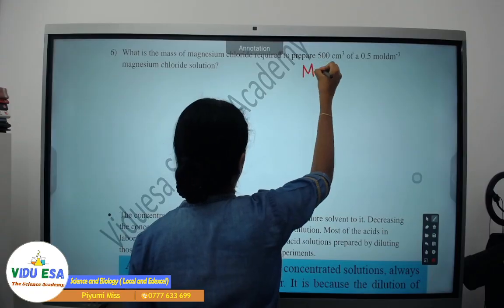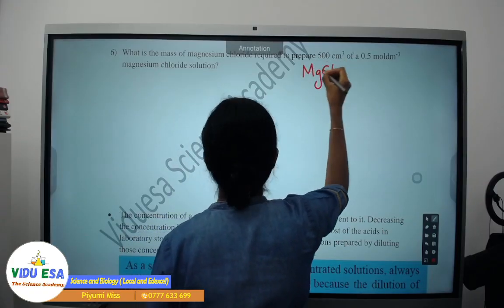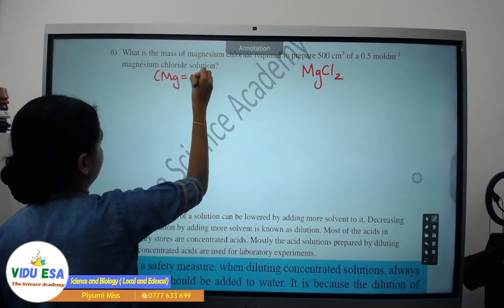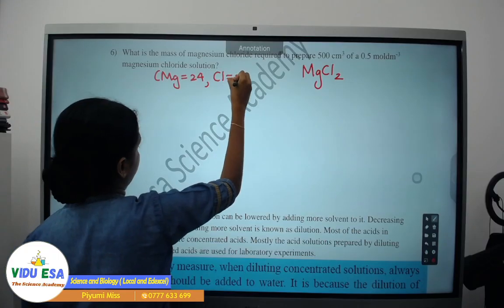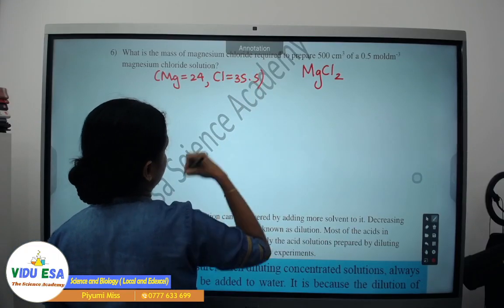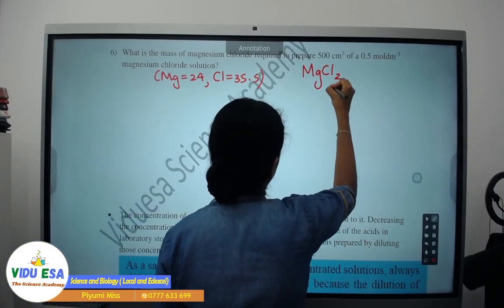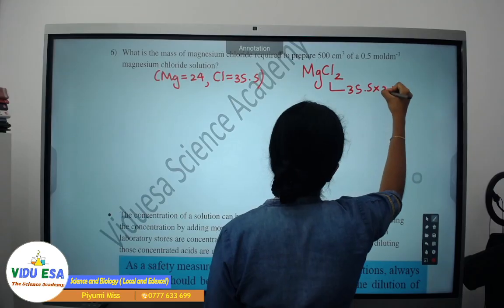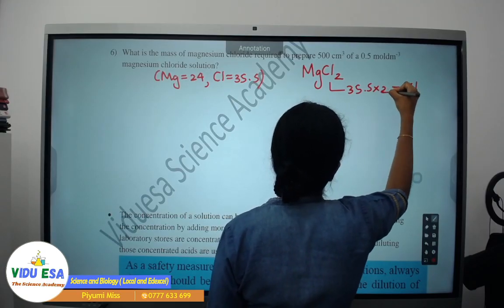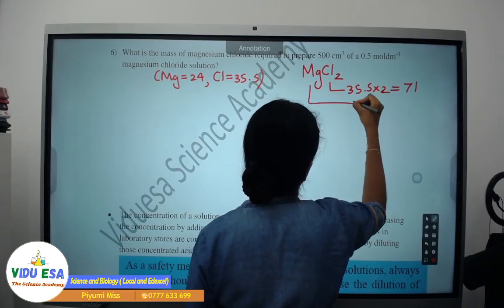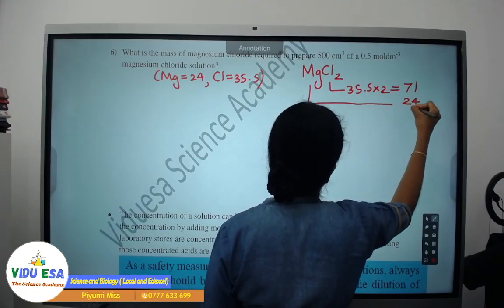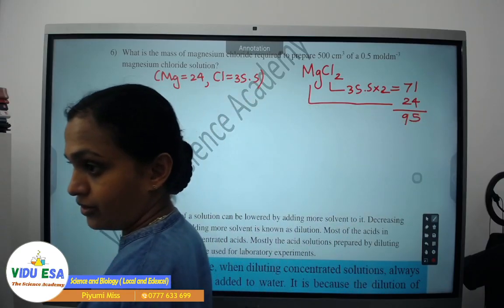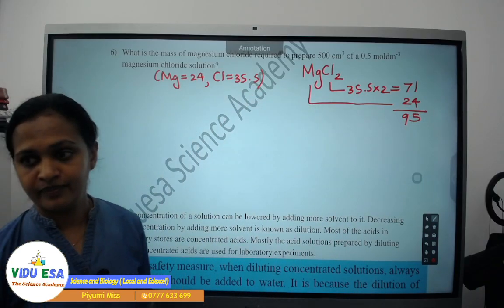Magnesium chloride is MgCl2. Magnesium is 24. Chlorine is 35.5. So chlorine 35.5 into 2 is 71. Magnesium is 24, that is 95. Relative molecular mass is 95.